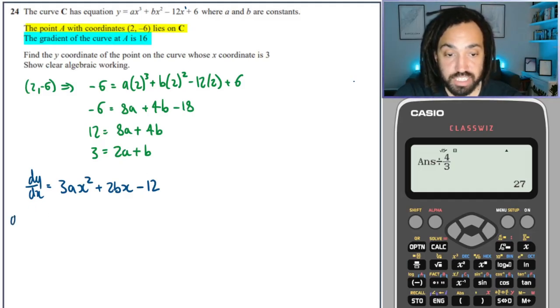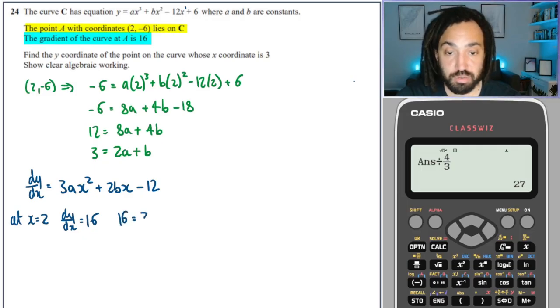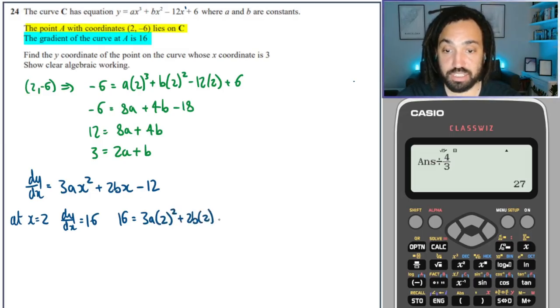Now what it says is that at the point A, so that's where x is equal to 2, dy by dx is equal to 16, the gradient. So we can say 16 is equal to 3a when I sub in 2 for x, and then plus 2b, again sub in 2 for x, minus 12.